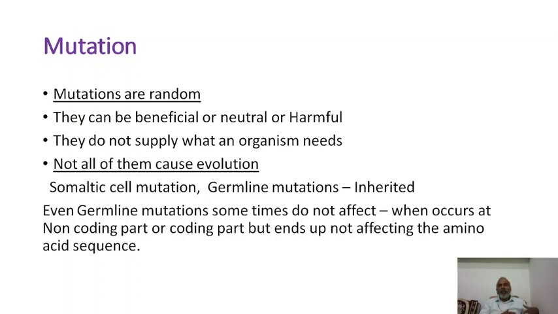Okay, somatic mutations will never be inherited, and during our lifetime our body suffers from those mutations if they are harmful. And the germline mutations, which occur in the germinal cells, are definitely carried to the next generation. They are inherited. Okay, so based on their selective value, adaptive value, they'll be given preference in evolution.